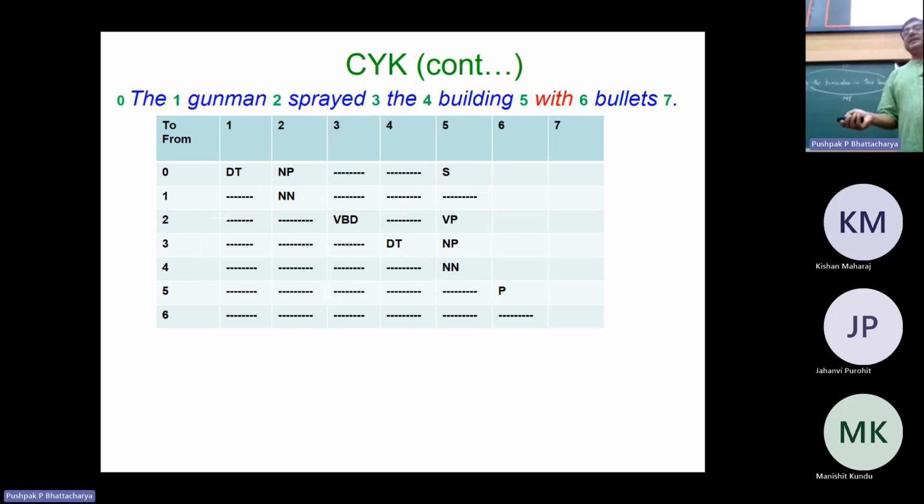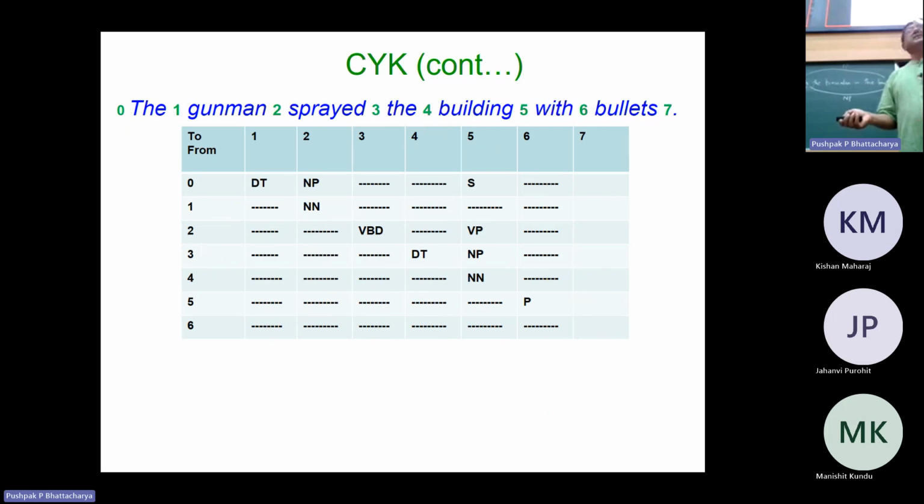So I get a preposition between 5 and 6, which is P. And I cannot get any bigger construct ending in P because there is no grammatical rule where the right-hand side ends in P. So you see, the bigger grammatical constructs come vertically on the column. Okay, we try to find the bigger constructs vertically up on the column.